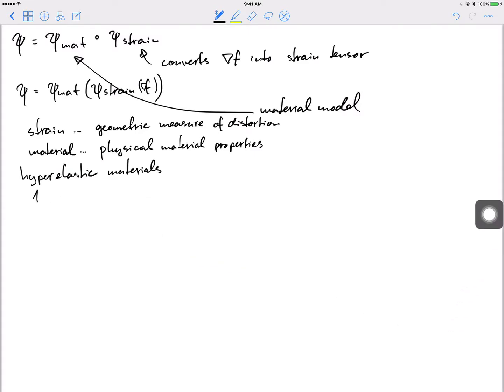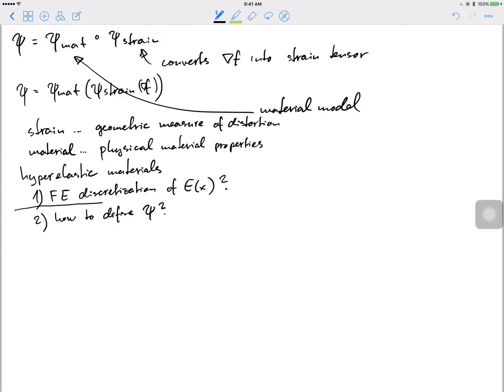All right, and to do that, we need to answer two questions. First is how to discretize this using finite elements of Ex. And the second is how to choose or how to define the psi function. So today I would like to talk about this first part. So for now we can assume that we are given this psi.